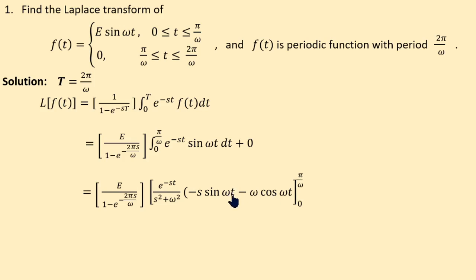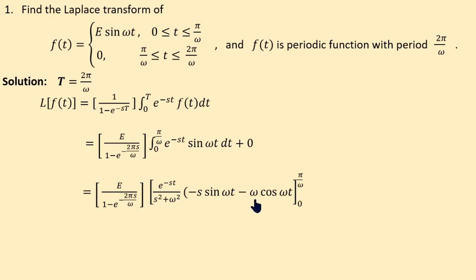Now if t is pi by omega, omega cancels, sin pi is 0, cos pi is minus 1. Therefore for the upper limit this value is minus of minus, plus omega e power minus s into pi by omega into omega.